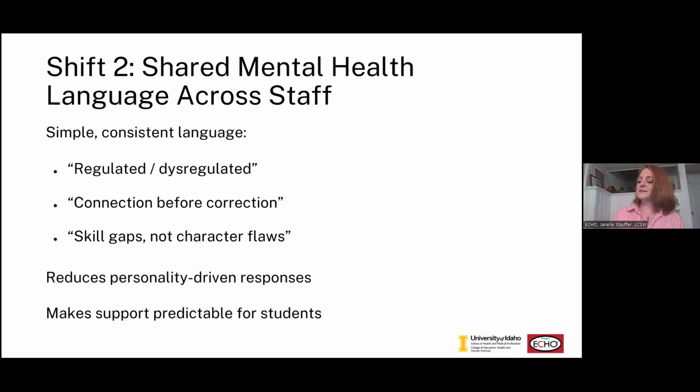We look at things like unmotivated or manipulative as things that are related to skill gaps, not character flaws. This is really present in neurodivergent kids, kids who have experienced trauma, kids who are experiencing racialized stress. And it talks about what might have happened during times of development that might have impacted the state of their nervous system. And those are skills that can be learned.